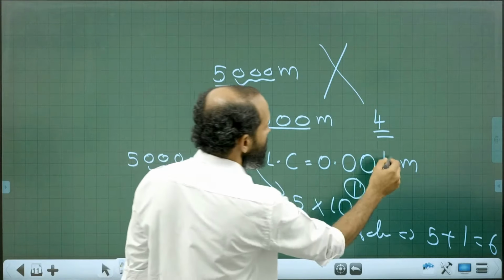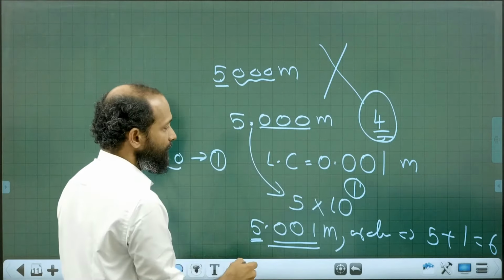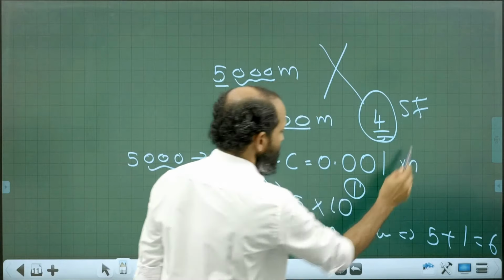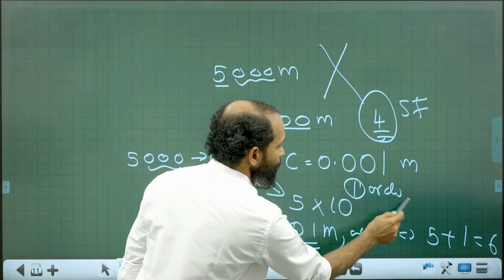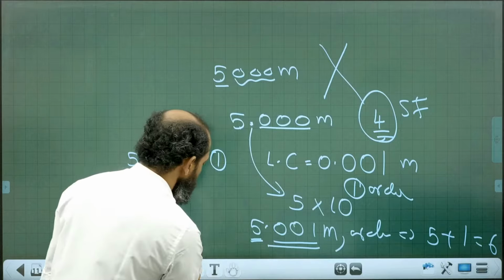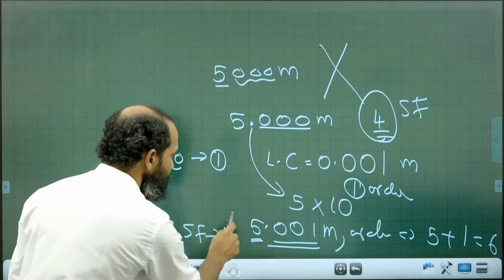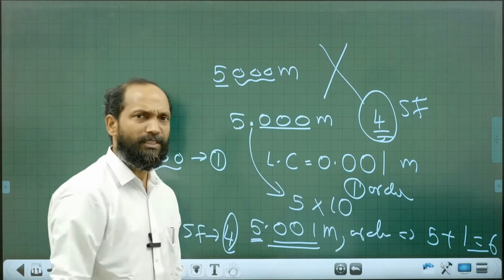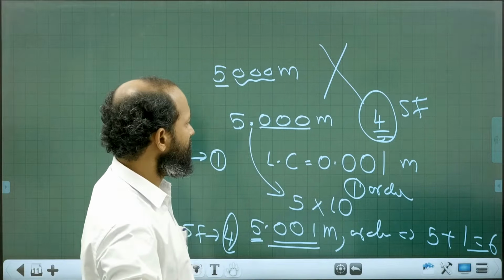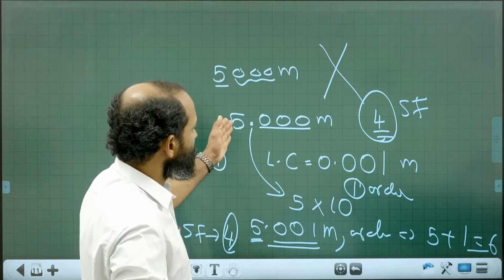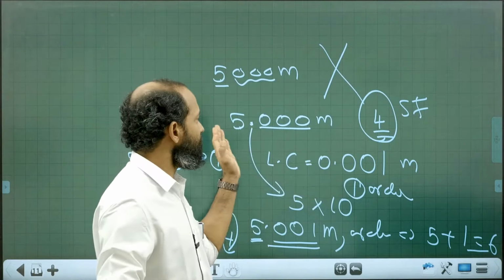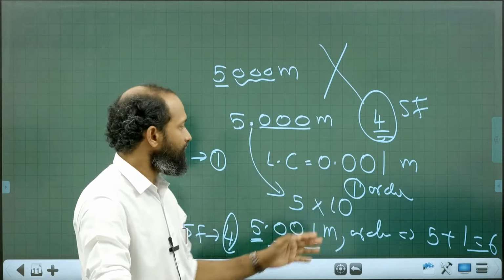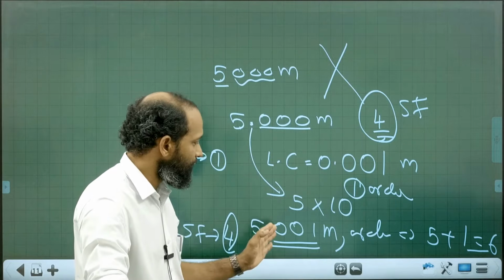That is why 4 is the number of significant figures. SF is 4, order is 1. But here SF is still 4, remaining the same, but the order has increased by 1. All this may be asked for mains also, NEET also. One person measures 5.000 meter, another person measures the next time 5.001 meter.